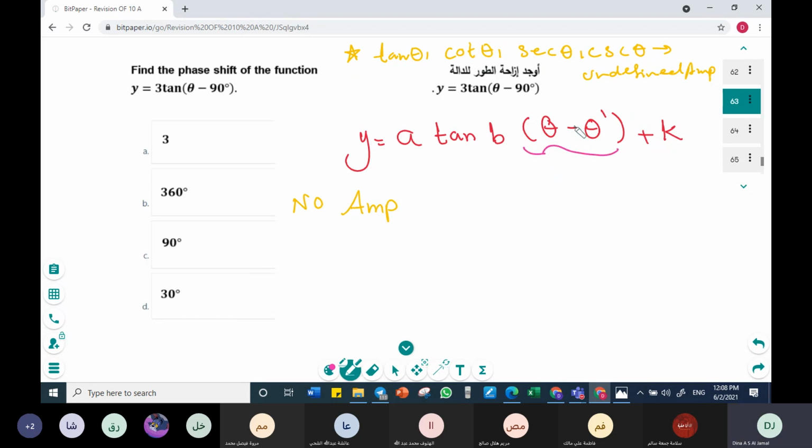If you are having a negative in the formula, that means your theta prime, which is h, which is the phase shift, is positive. Excellent, Aisha. So 90 degrees, is it to the right or to the left? Right. Excellent. So always pay attention to this. What is your B value here?